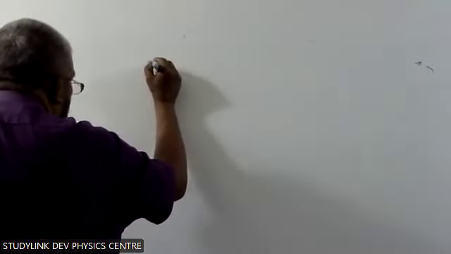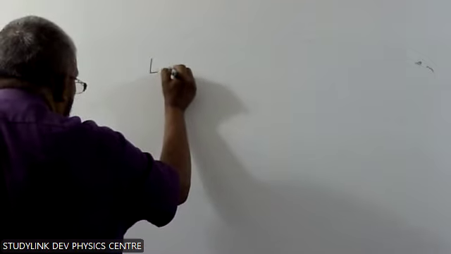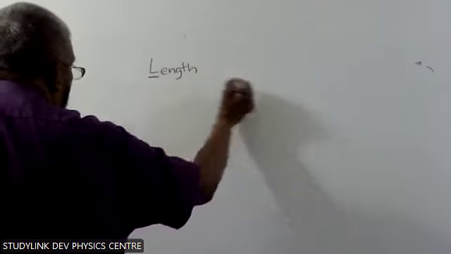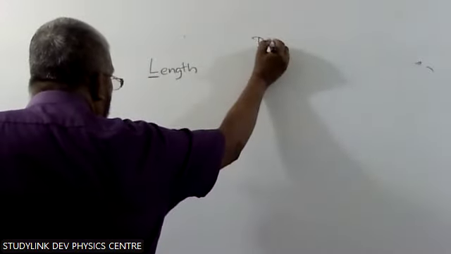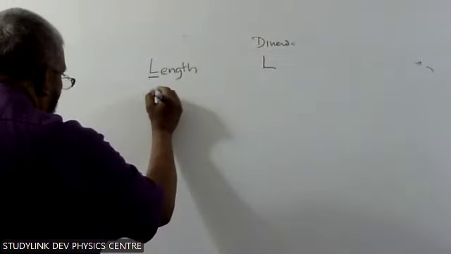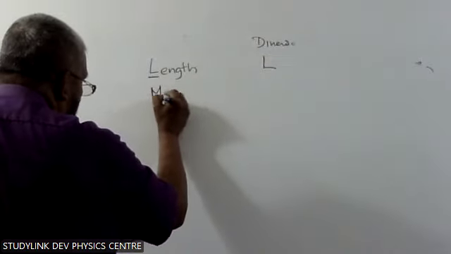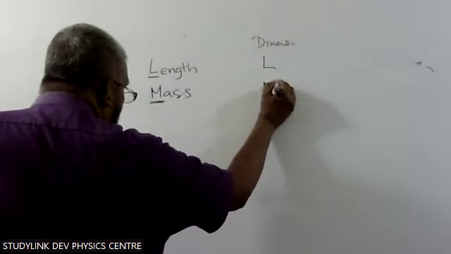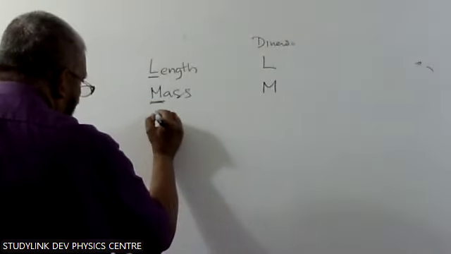First one is length. Dimension is capital L. Next one, mass. Capital M. Dimension is M. Then time.